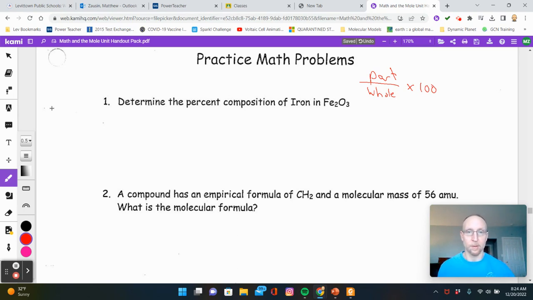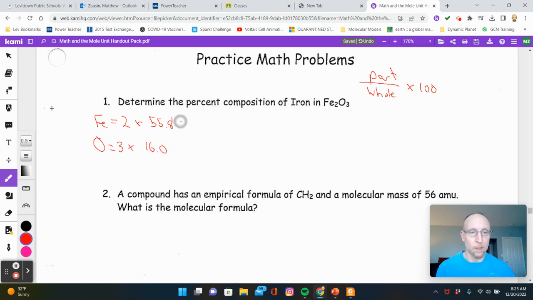So first thing we've got to do is figure out how much the whole thing weighs. How much does Fe2O3 weigh? We list our elements, Fe and O, and count them up. We've got two Fe's and three O's, and multiply them by our masses that we get right off the periodic table. Iron is 55.8. Remember, we round to the nearest tenth. Oxygen is 16.